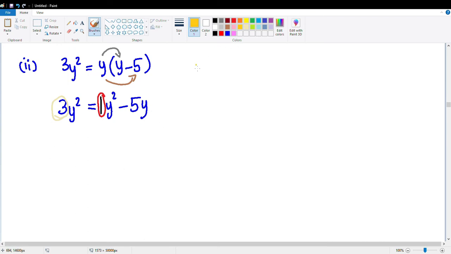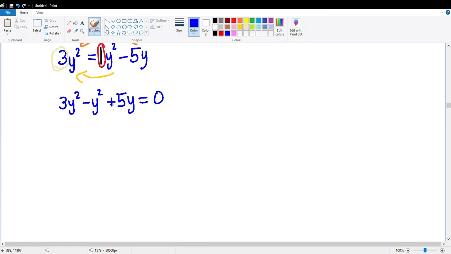This minus 5y goes there and we get 3y squared. And y squared, when it goes to the other side, its sign will change. It will become minus y squared as it's positive over here. And minus 5y is negative over here, so it'll become plus 5y equals 0.